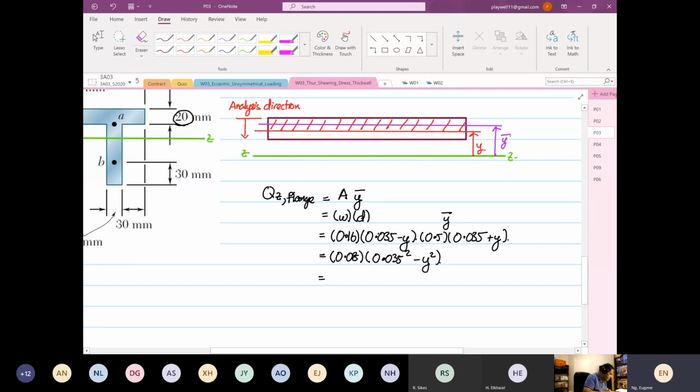So you have an expression for the first moment of area. That is 98 times 10 to the power minus 6 minus 0.08 y squared. So this is your equation number 1.